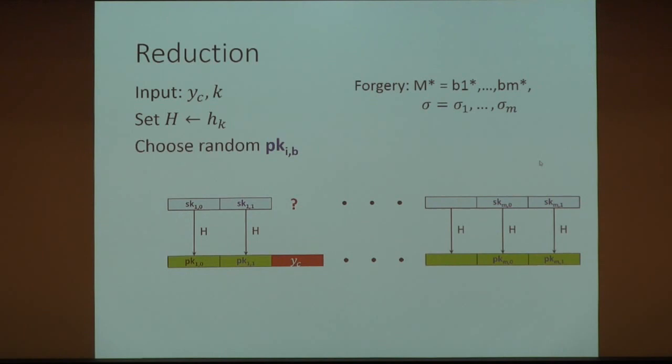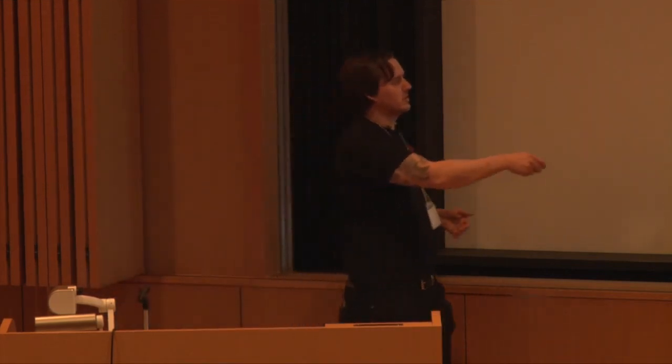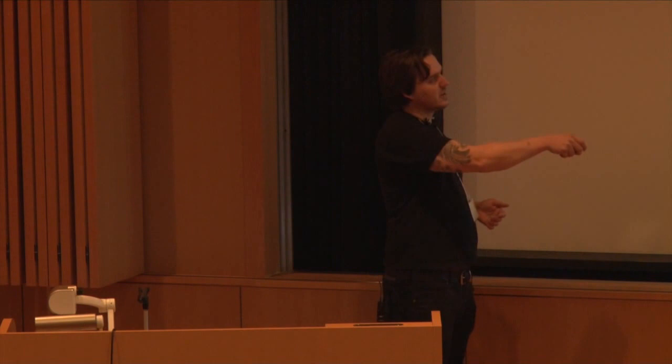Then at some point, the adversary will come up with a forgery. Let's call these b_1 star to b_m star. Now, if the i-th bit is unequal to b, I return fail, because in this case I didn't learn anything new. I might have learned a second pre-image here, but actually I didn't ask for this.